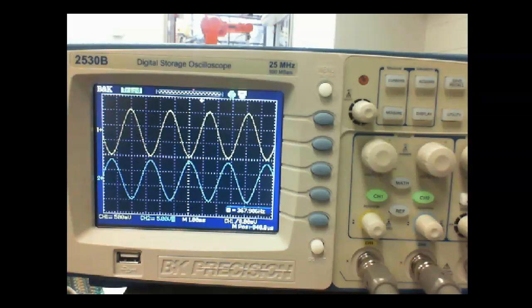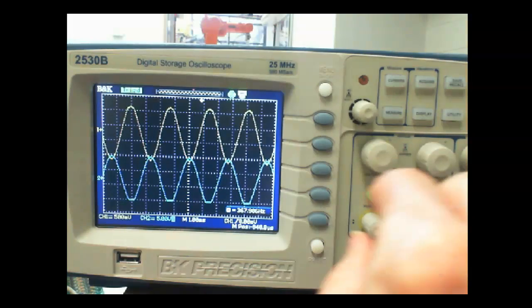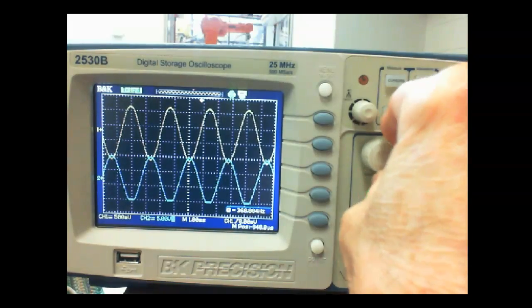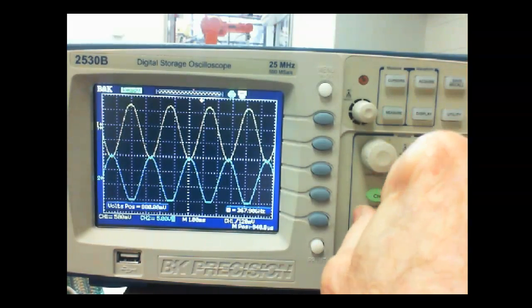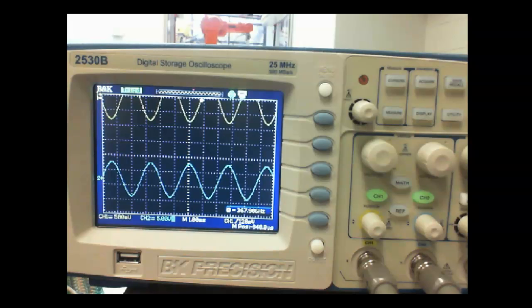You see what's happening? Let me move my blue up so you can see what's happening to my output. Here we got no distortion. Here we got no distortion.